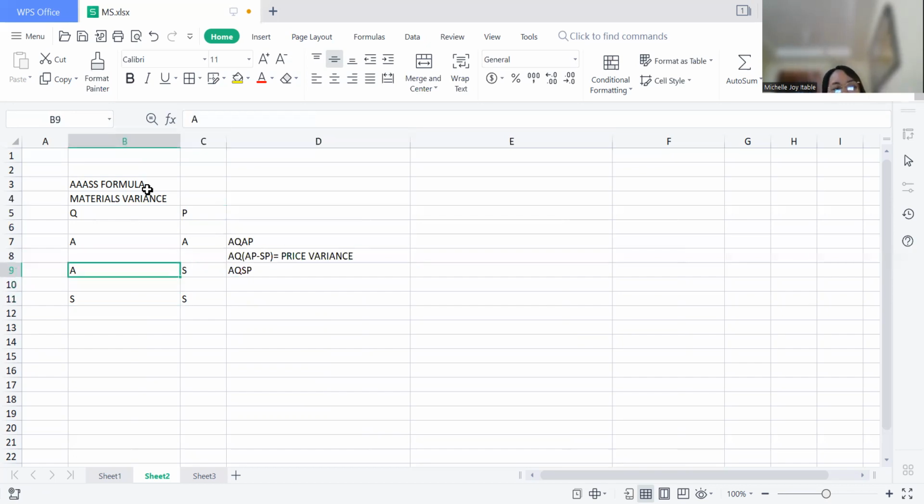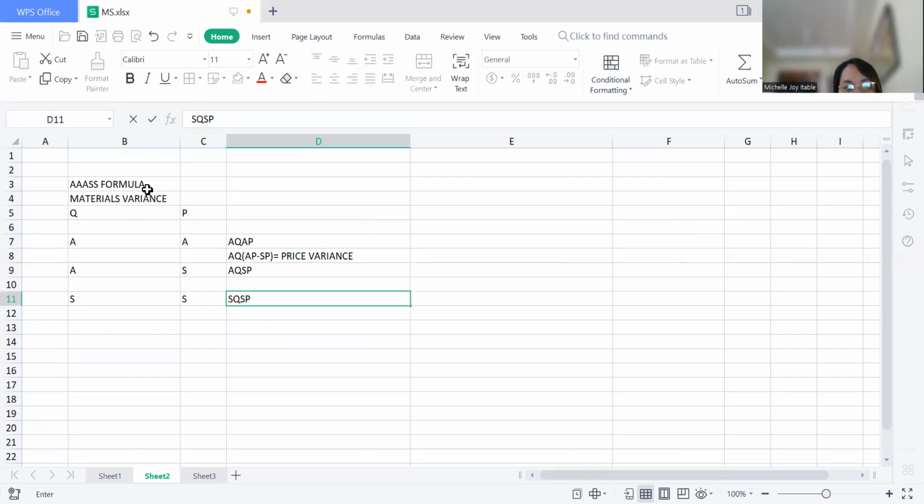What about this one? Dito naman sa area na to: actual quantity, standard price; standard quantity, standard price. Same yung standard price kasi yun naman talaga yung ginagamit natin. So when we compute for that, standard price times actual quantity less standard quantity.